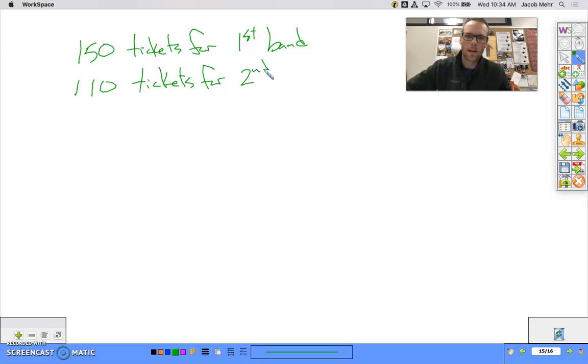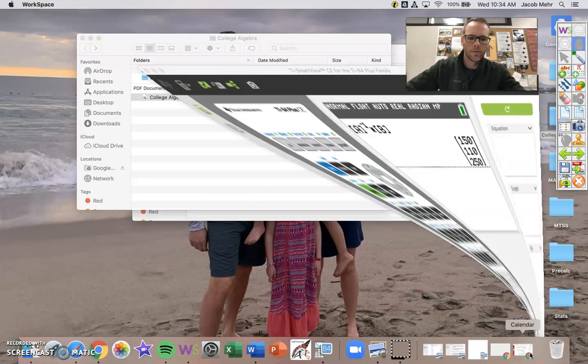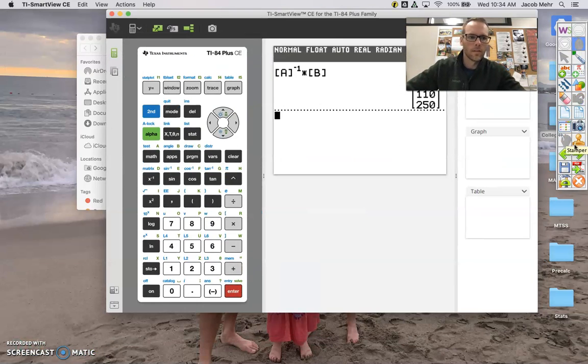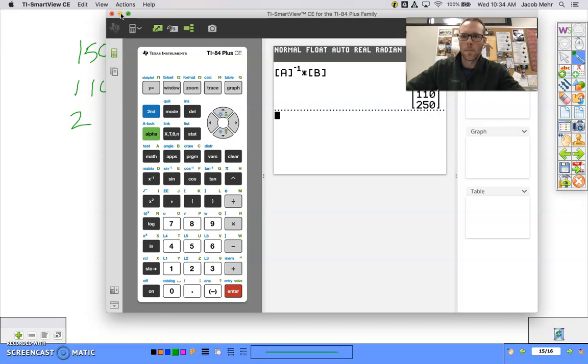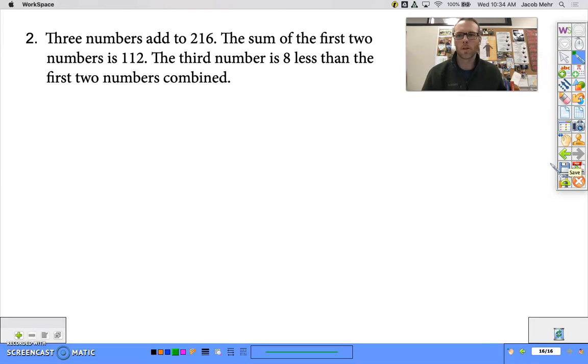For the second band. And then 250 for the last band. All right, so we figured out our band problem. Let's go to the next one.